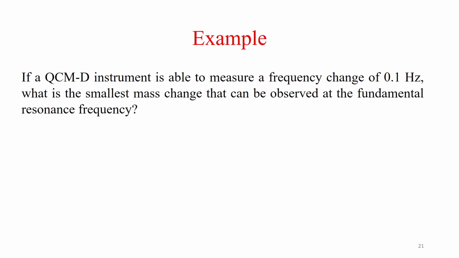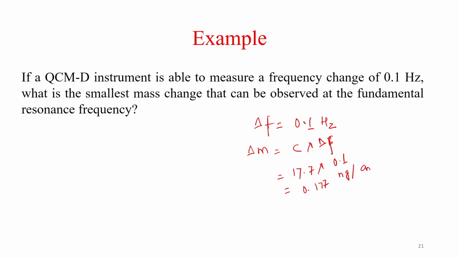So, let us say in one experiment we observe the delta F value is 0.1 Hz. Now, if you want to calculate the delta M, delta M is equal to C into delta F, and the value of C is 17.7, so 17.7 into 0.1 comes to be 0.177 nanogram per centimeter square.